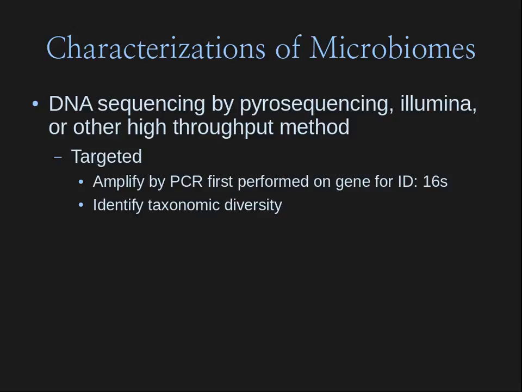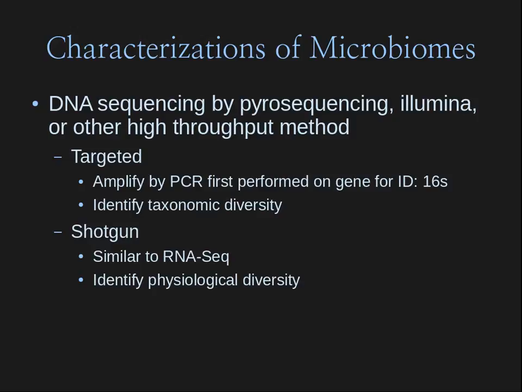The way we go about that is to first amplify 16S by PCR, using universal primers or something similar that will amplify the 16S from close to every organism in that sample. Now that we have more 16S than anything else, we can run that through sequencing, and the point of this is to identify the taxonomic diversity in that sample.